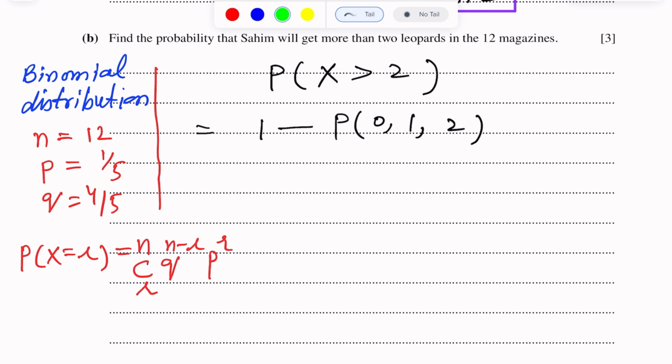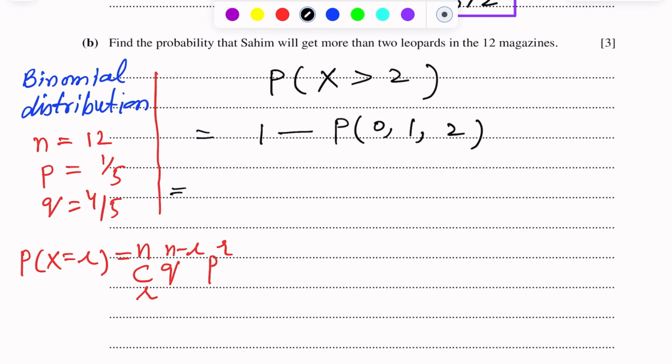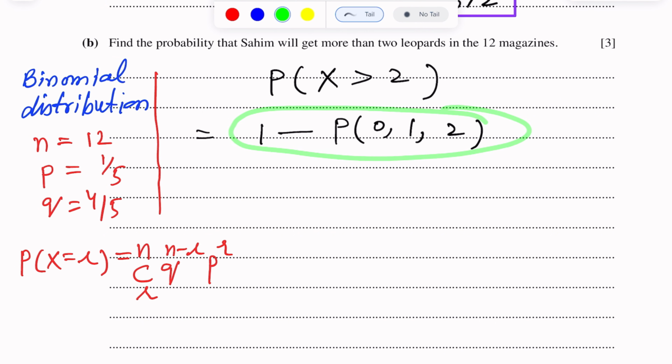So we are writing 1 minus probability of 0, 1, 2.